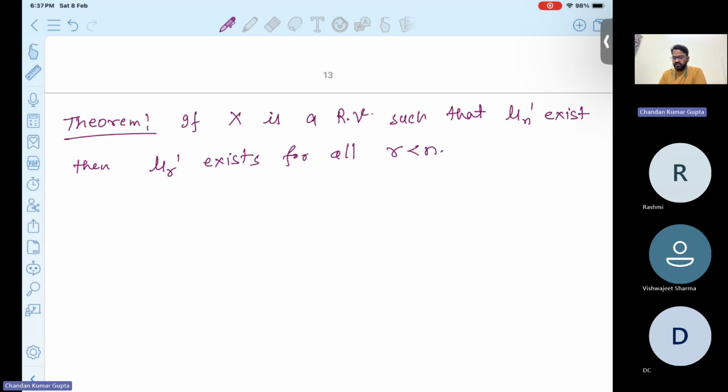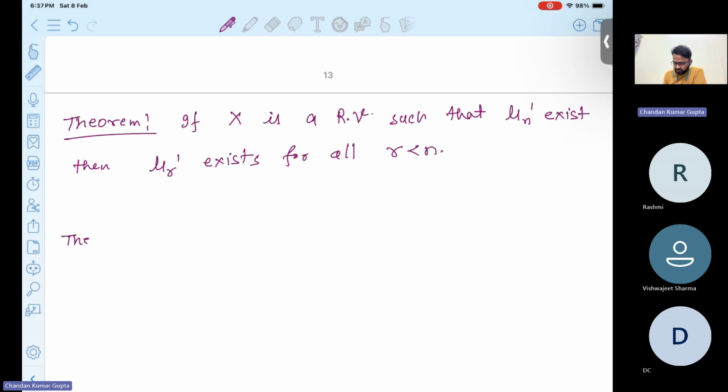That means if a higher order moment exists, then the lower order moments also exist. Okay, this is one of the theorems.